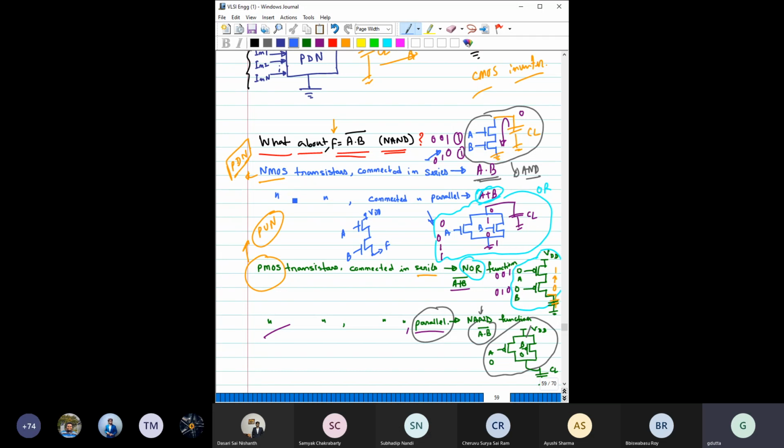But suppose you want to make a general understanding from here, then when both are 1, only then this output is going to be equal to 1, isn't it? So from that perspective, yes. But you are right, I agree with your point. If this is the circuit that we are considering for this purpose, then it should be NAND only.